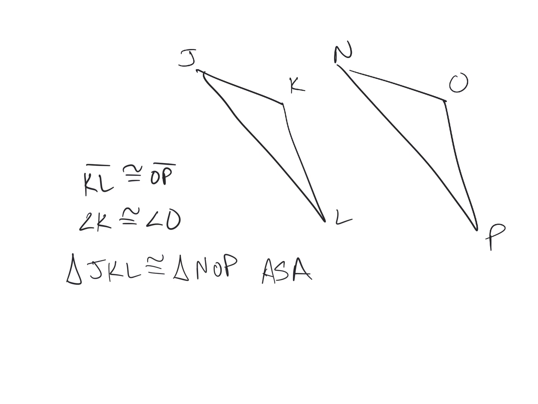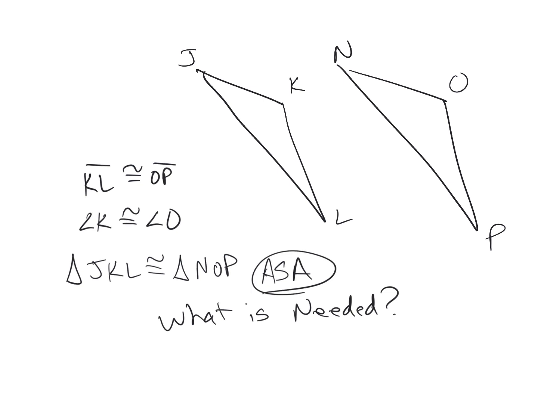So it's asking you, right now you can't prove it. It's saying what is needed to prove angle side angle? So go ahead and write down what you think is needed.